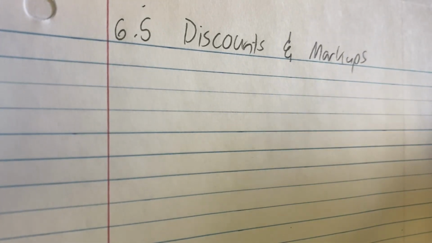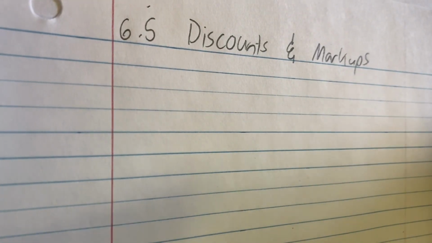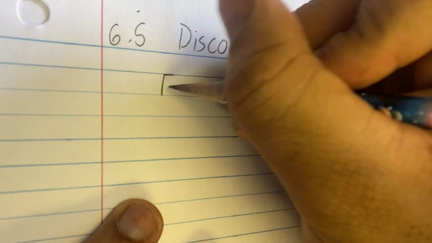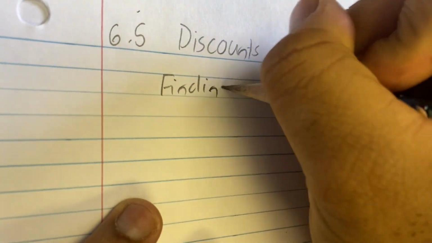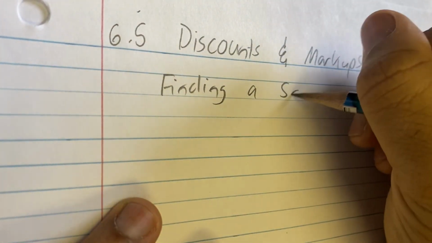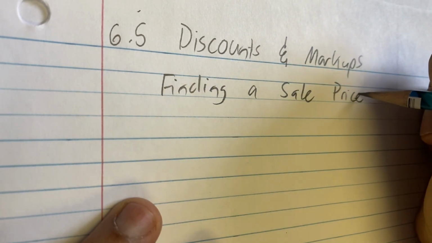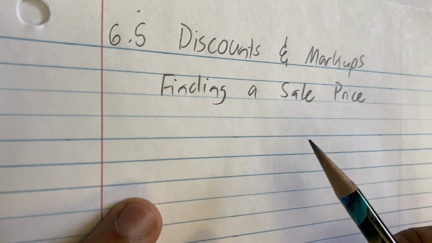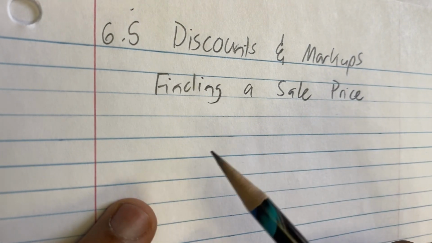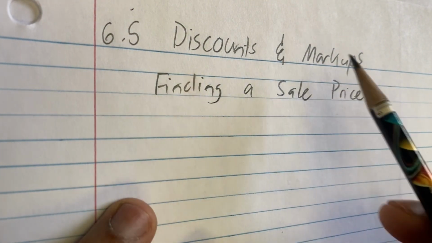The very first thing we're going to start with is finding a sale price. This means finding out what the amount is going to be after you apply your discount or your markup.